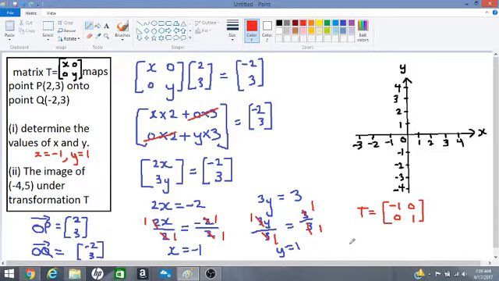So what we do is we multiply the transformation matrix by our column matrix.